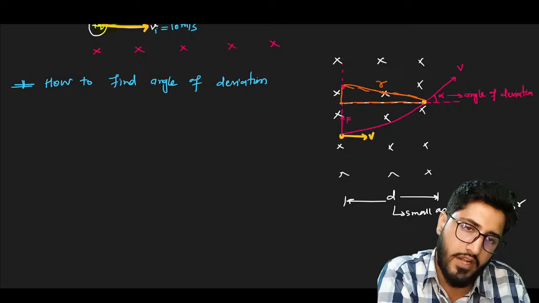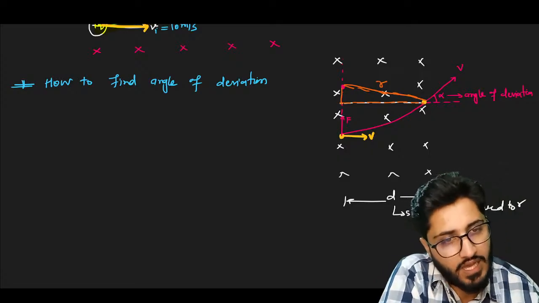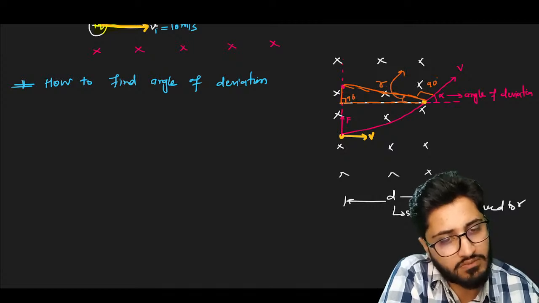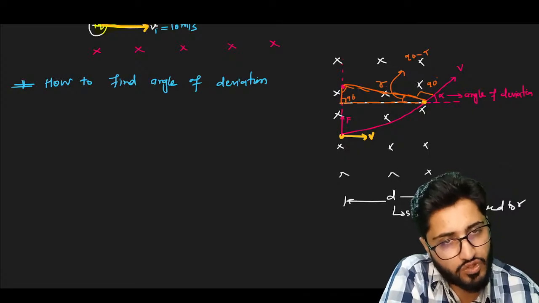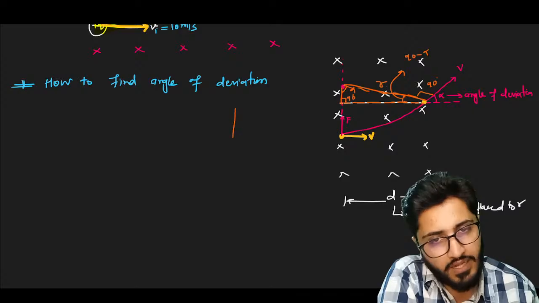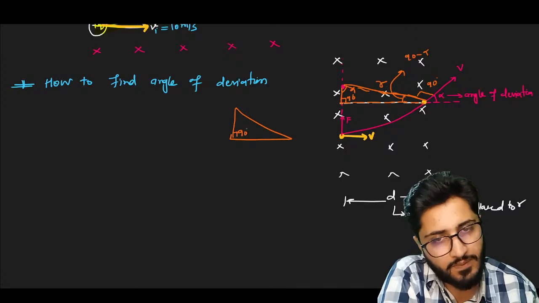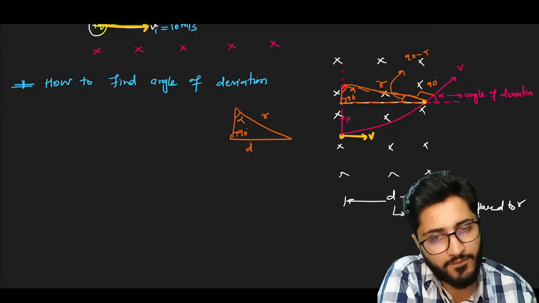You can see radius and velocity are at 90 degrees. If this one is 90, then this one would be 90 minus alpha. So this could be alpha by triangle rules. This is 90, this is d, this one is R, alpha.